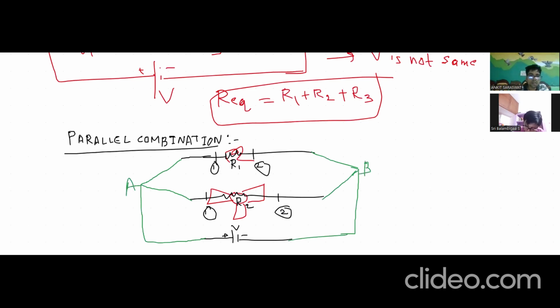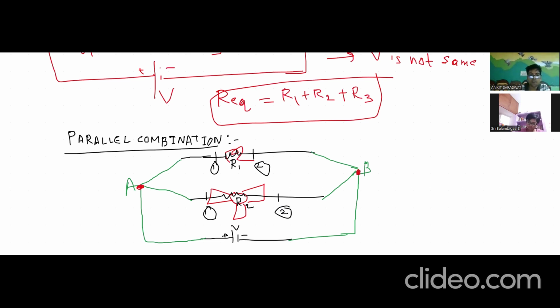Now, by doing this, what is happening? See, I have already explained potential difference. It is the difference of potential between 2 points. If you look at this V, it is a potential difference across A and B. It needs 2 points.